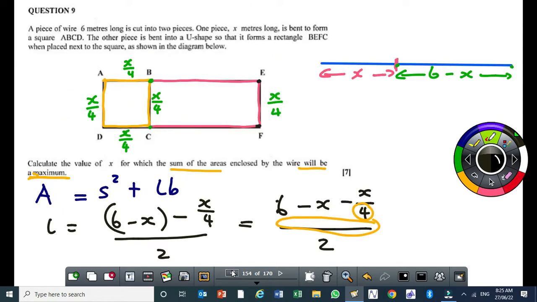Now I'll go back to my diagram, and then I'm going to label my length. I now know that my length is 3 minus 5 over 8x. Okay, let me use a different color there.